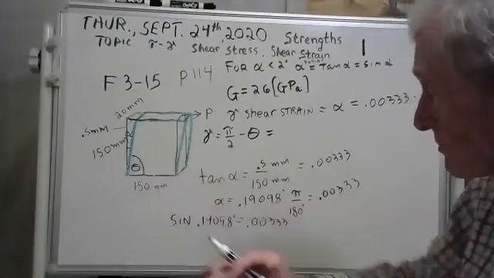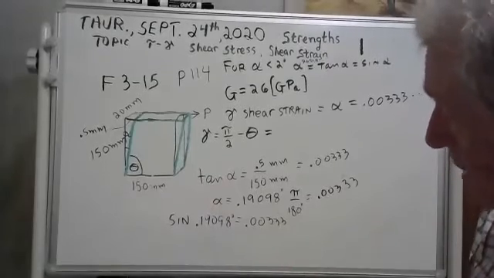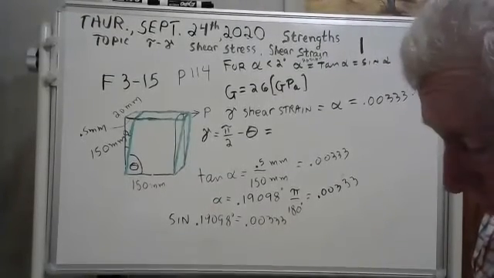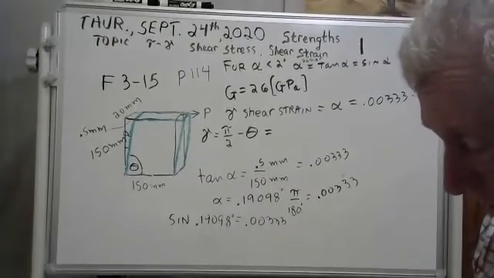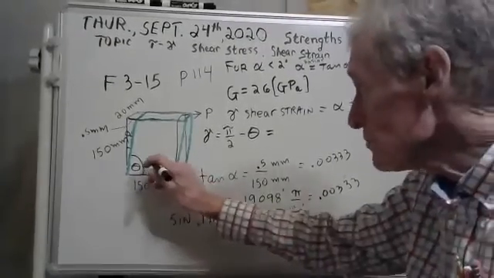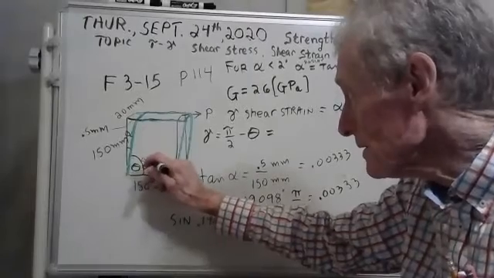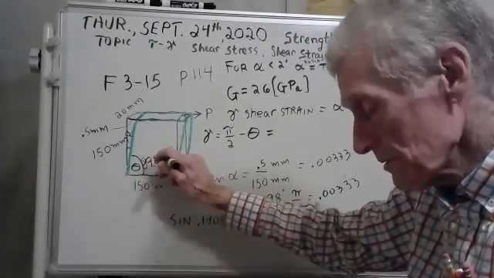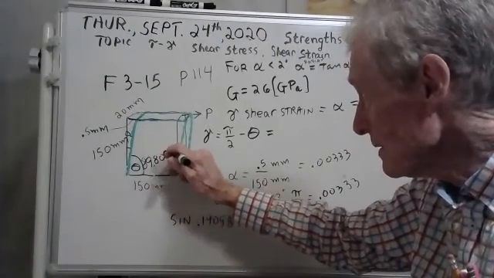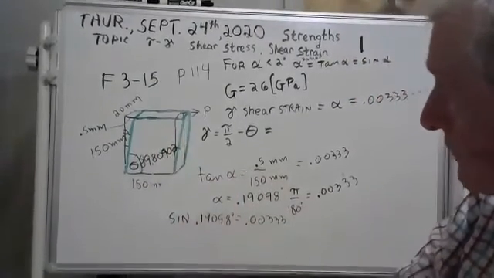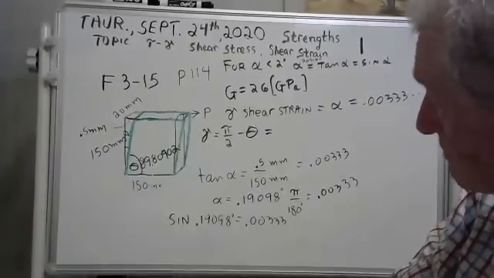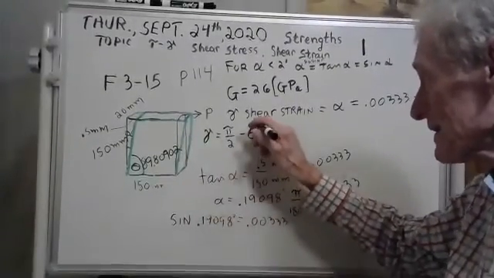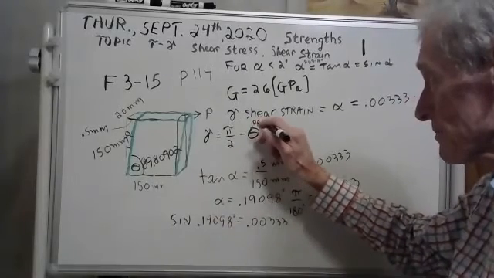See, we know that little angle. What is 90 minus 0.19098? I'm getting this big angle here is 89.80902. There you go. Almost 90 degrees. But see, we have to put that in radians. That's the catch. This has got to be in radians.